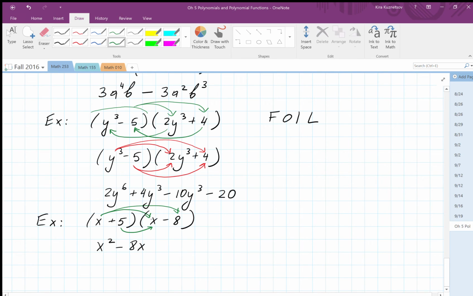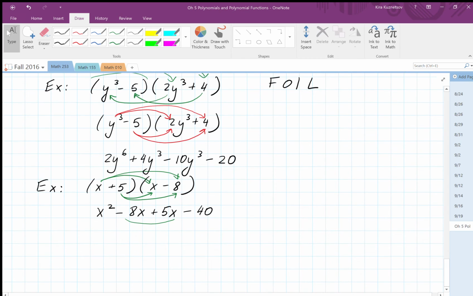Positive 5x times x is positive 5x. Last thing is positive 5 times a negative 8, which is a negative 40. Notice the middle term can be collected, which means that I need to finish this problem right here.